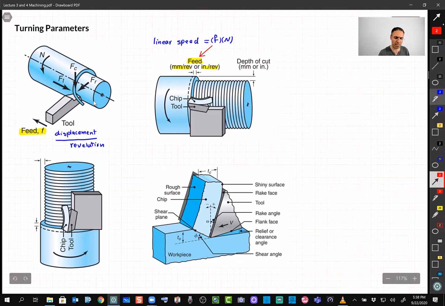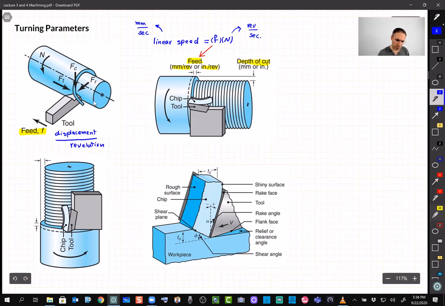So you get a unit of, for this one, millimeter per second, if N is revolutions per second. What else? The depth of cut, as we said, is half the difference between the two diameters.